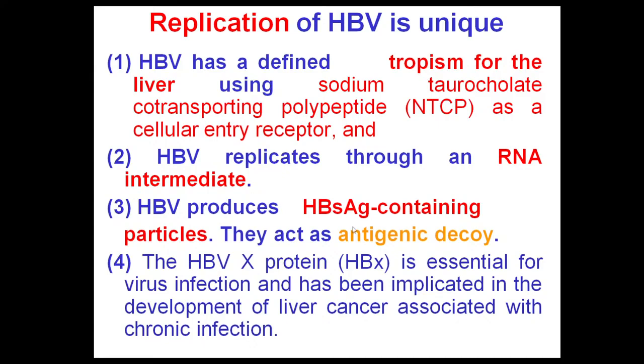Hepatitis B virus produces hepatitis B surface antigen containing particles. As I said, they act as antigenic decoy for protective antibodies. And the hepatitis B virus X protein is essential for virus infection and has been implicated in the development of liver cancer.